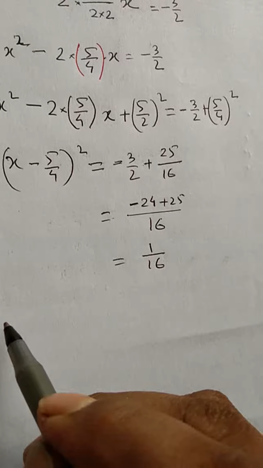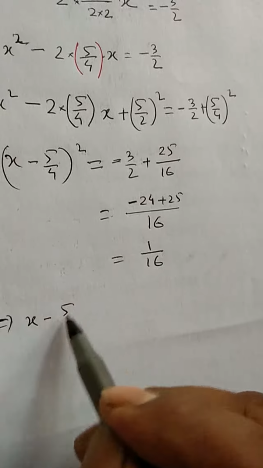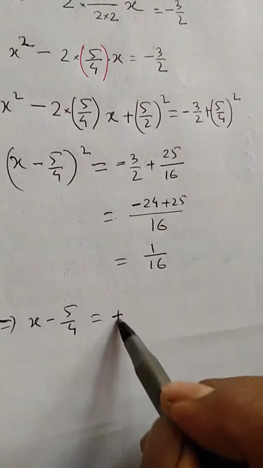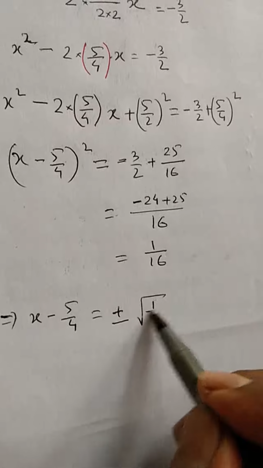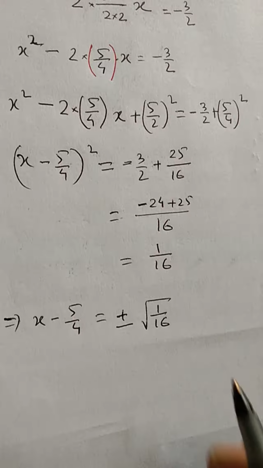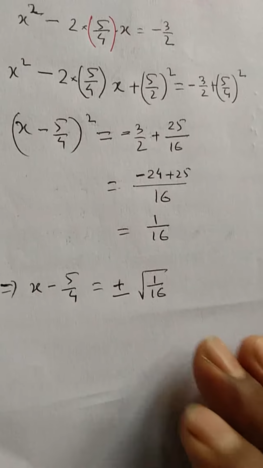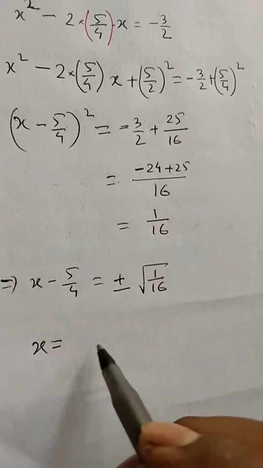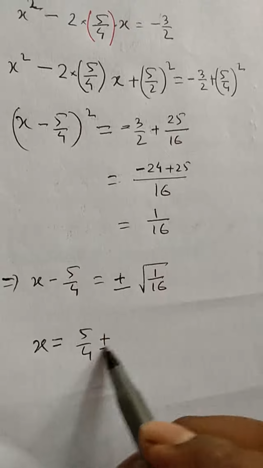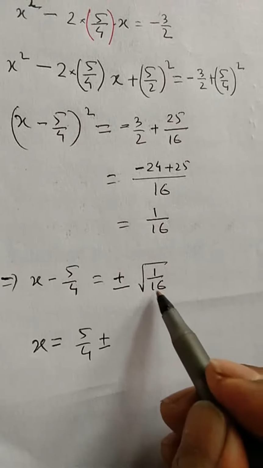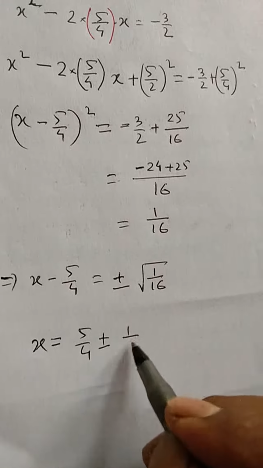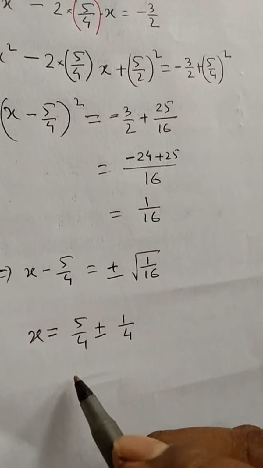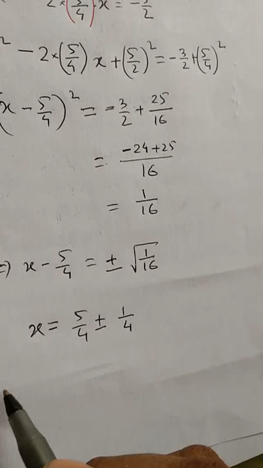Next step we will write x minus 5 by 4 equals to, this square will be removed and on the right side we will get plus minus root over 1 by 16. Then minus 5 by 4 will shift to the right side, so equals to 5 by 4 plus minus, the square root of 16 is there, so you can write it as 1 by 4, and finally we have two values of x.